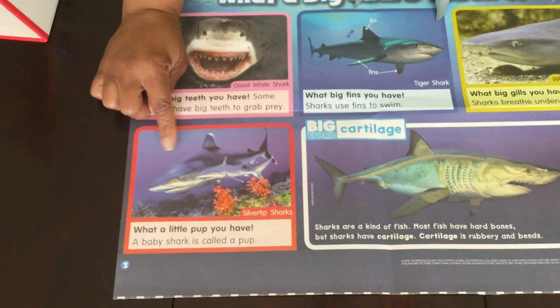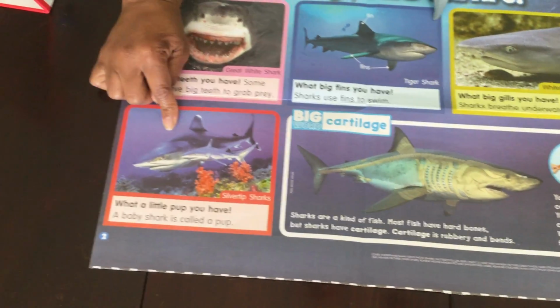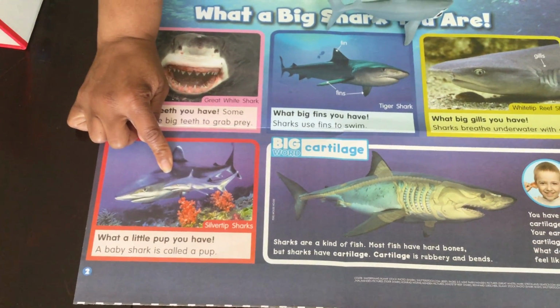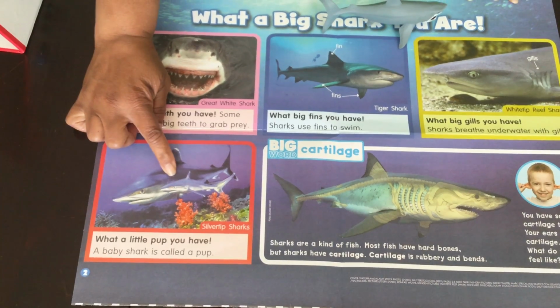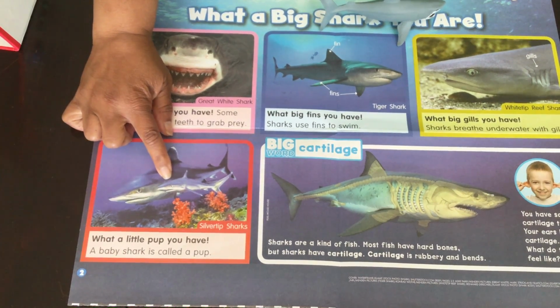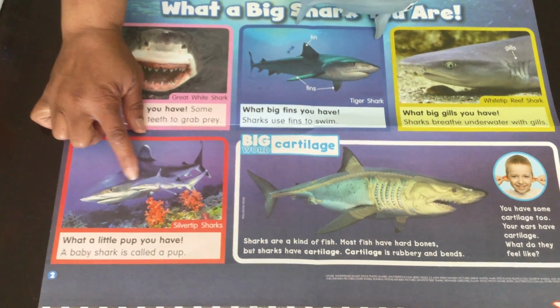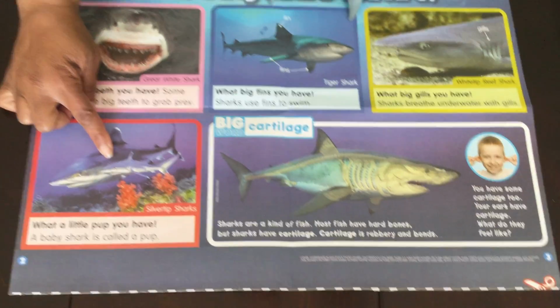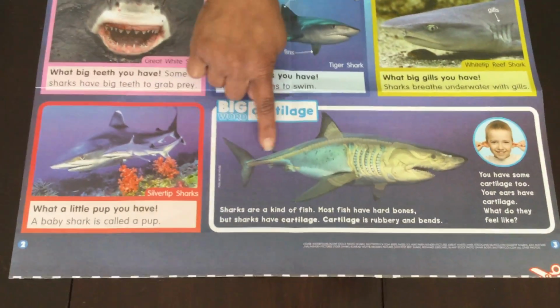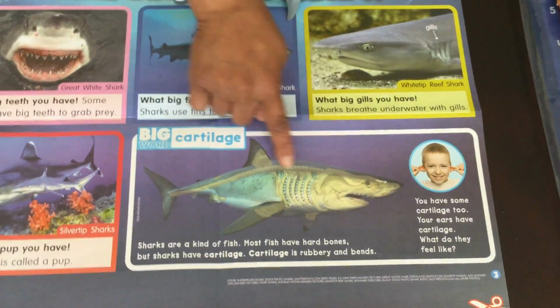And then sharks, they do have babies. Sometimes they hatch right from the mother's tummy, and sometimes, because he's a fish, they will lay eggs. This baby fish is called a pup. And then this is the skeleton of our shark.